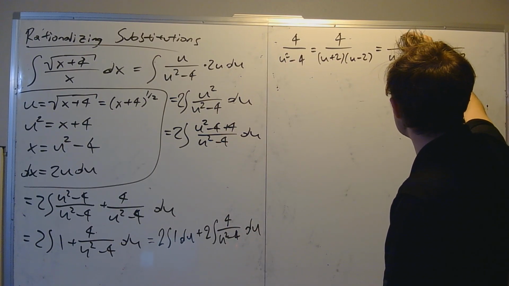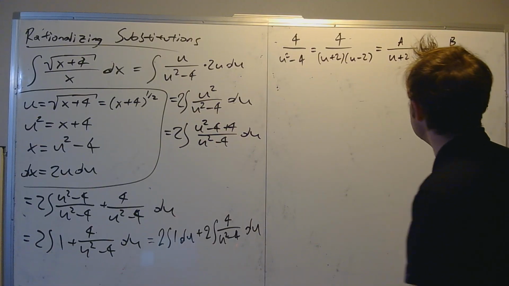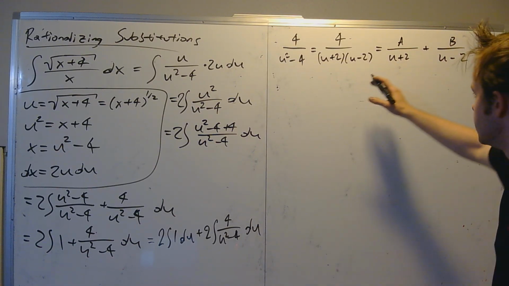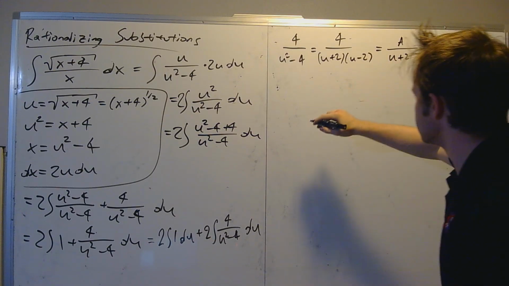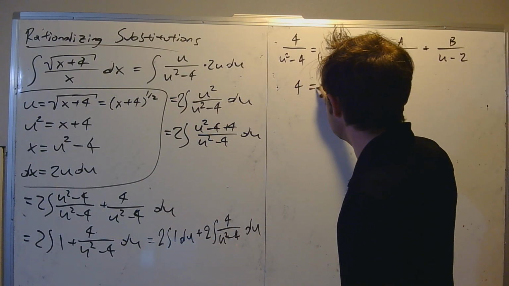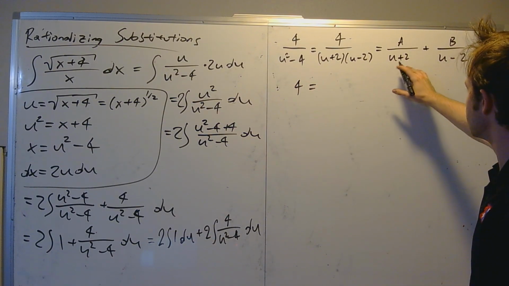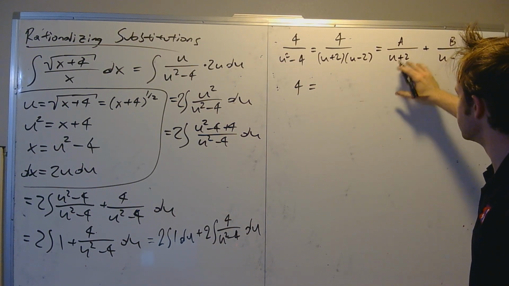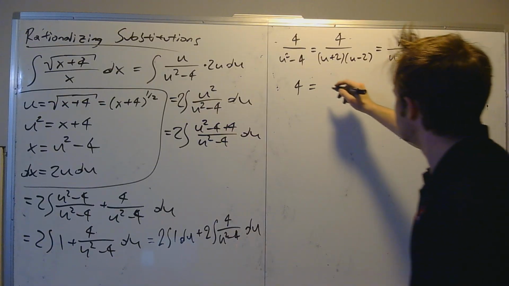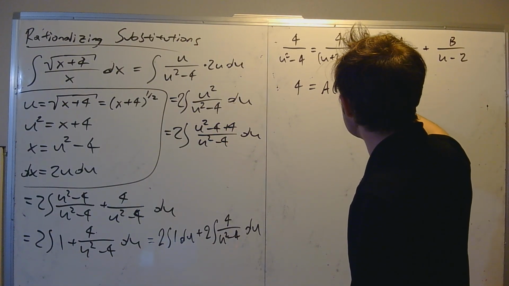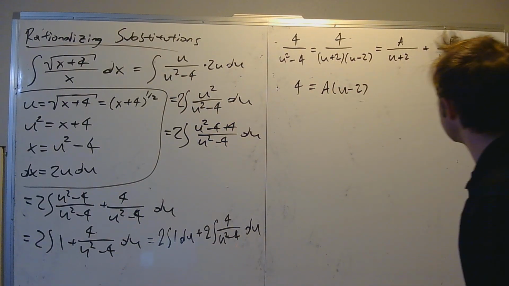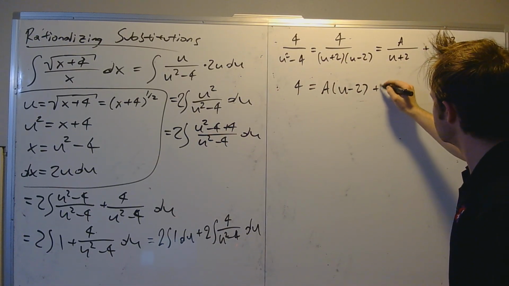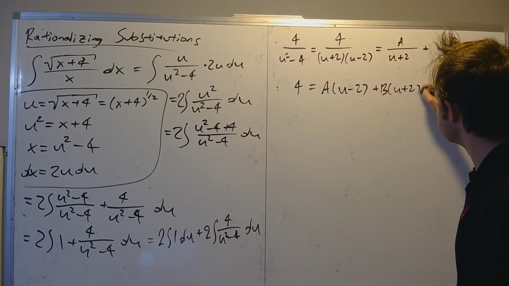Since these are both linear, this is A and this is B. Now we just need to make sure the right side matches the left side. The left numerator is 4. To make the fractions match, we multiply by u minus 2 for A, and by u plus 2 for B. So we've got A times u minus 2 plus B times u plus 2.